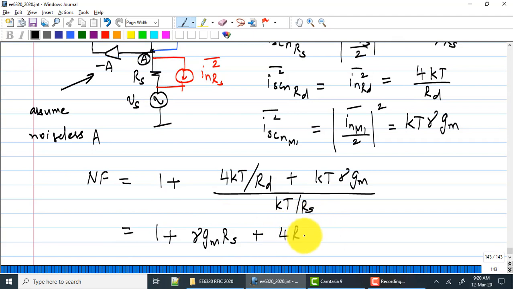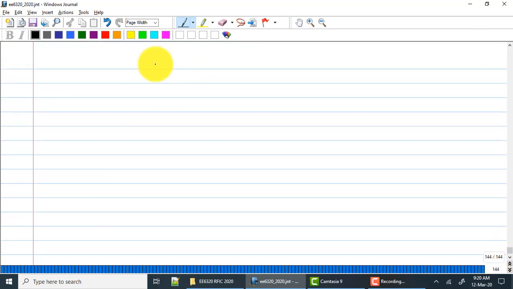Okay. What was the noise figure of the original common gate? Go back to your notes and check. It was 1 plus gamma plus 4RS by RD.